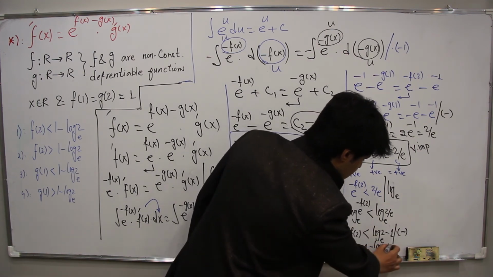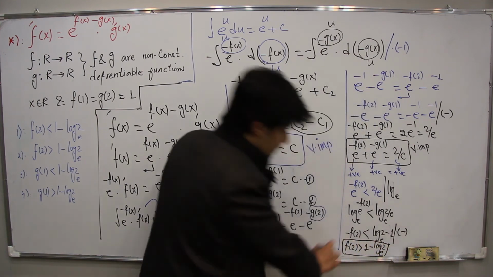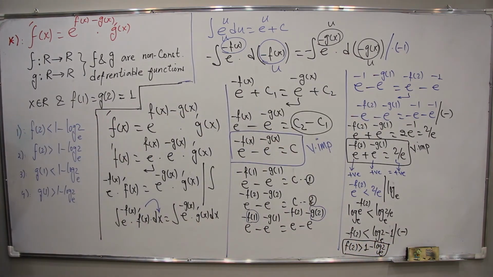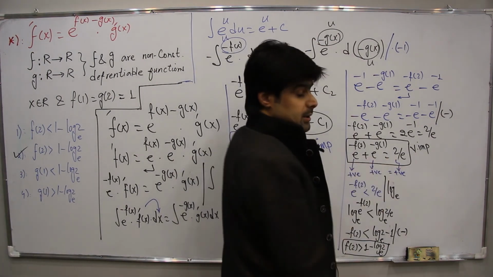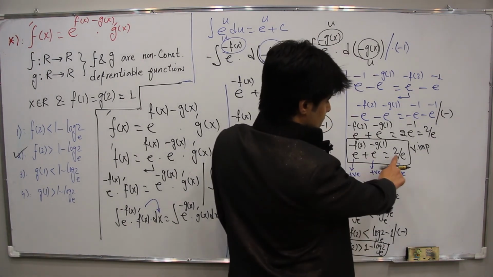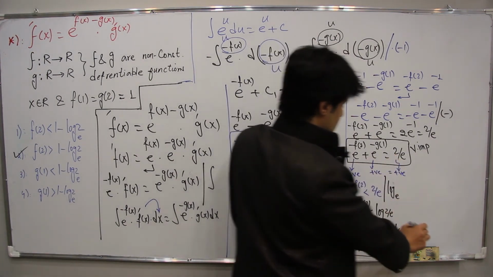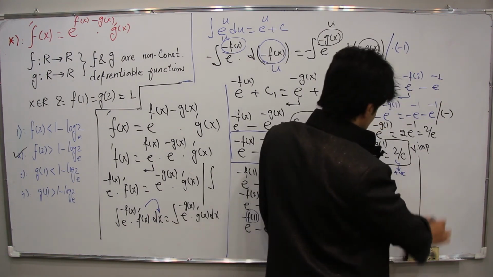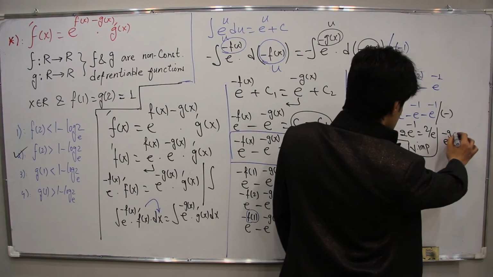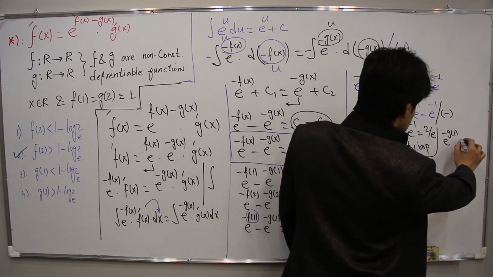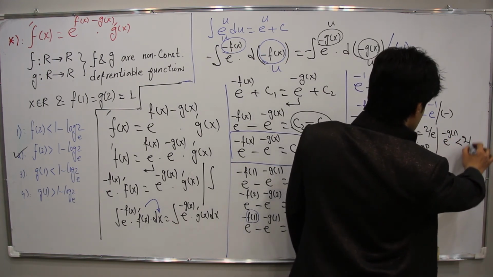So this answer is the right one. f2 is greater than 1 minus log 2 to the base e, and also this one must be less than this division. It means we have e to the power minus g1 must be less than 2 upon e.